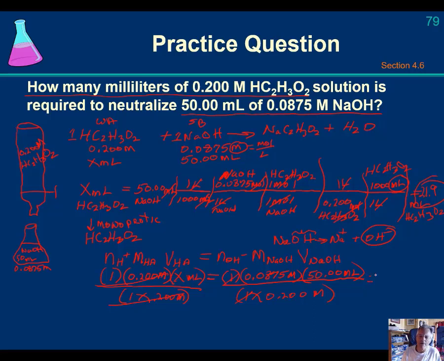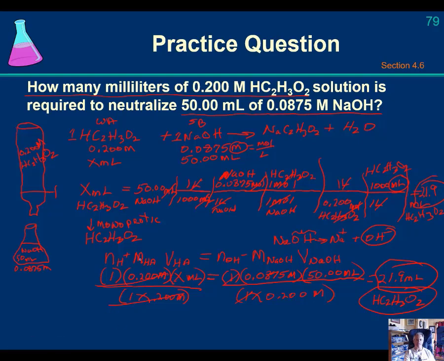So the math is the same, and so I will come out with the same answer, which is 21.9 milliliters of my acetic acid. Now I want to caution you, this is not the dilution formula. This is a method for doing titrations.